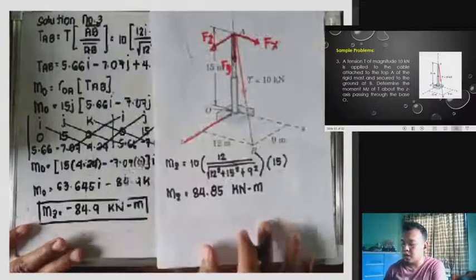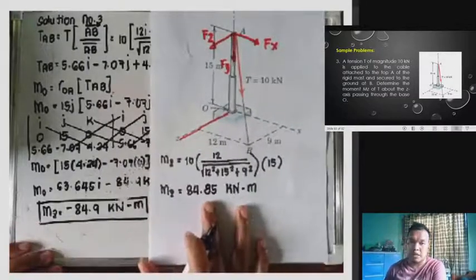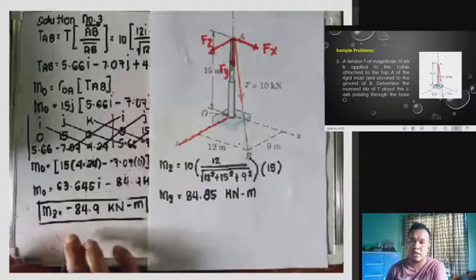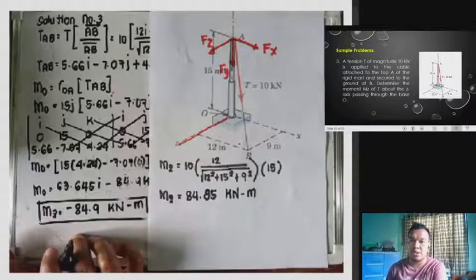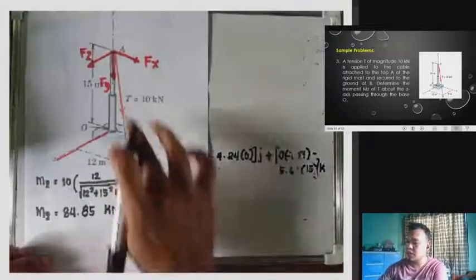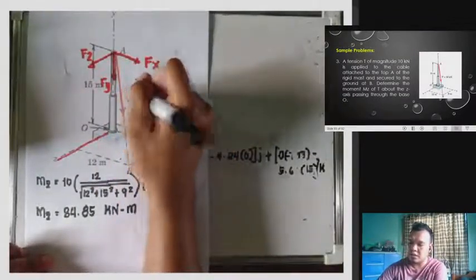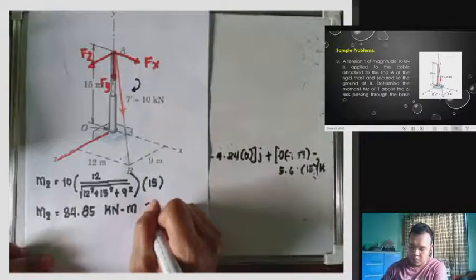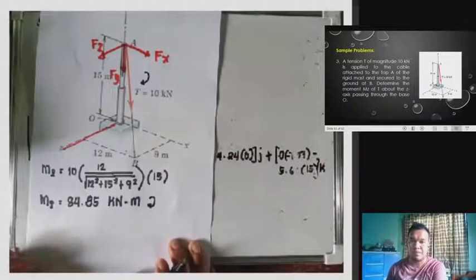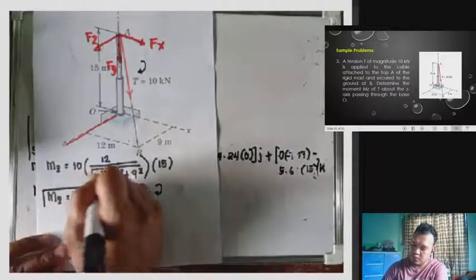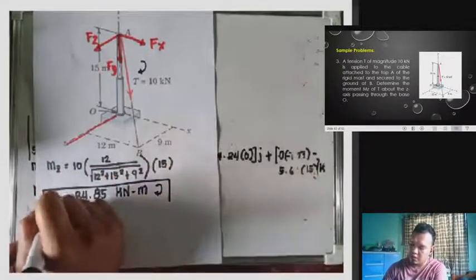Okay. So, bakit negative yun dito? Dito ay positive. So, yung sign niyan is nag-indicate lang ng direction ng moment. Kung dito, titingnan natin, yung moment niya is pa-clockwise. So, therefore, clockwise yung moment natin dito. Okay? Ito yung value ni Mz.